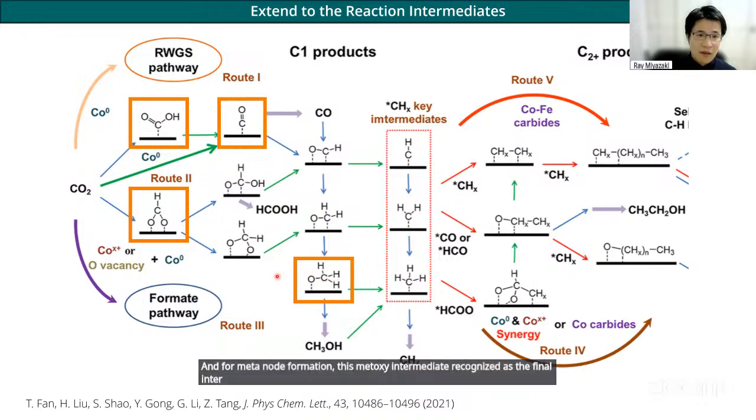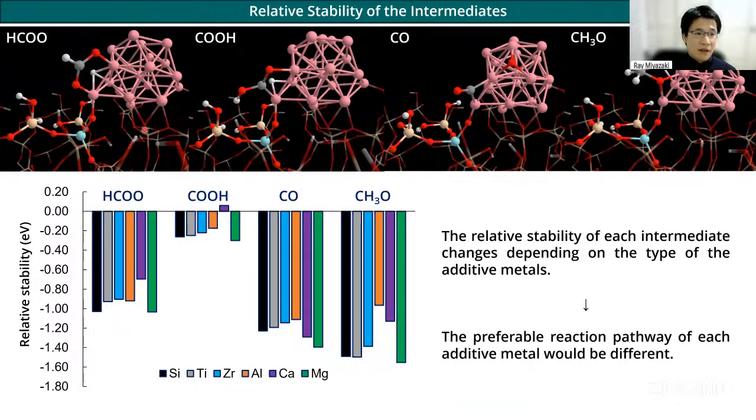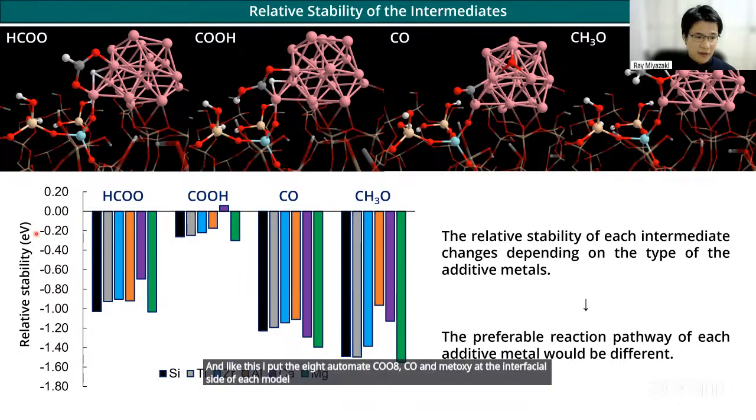I picked those 4 key intermediates, and investigated the adsorption energy or relative stability of those key intermediates on each cobalt model. Like this, I put the formate, COH, CO, and methoxy at the interface site of each model, and calculated the relative stability.